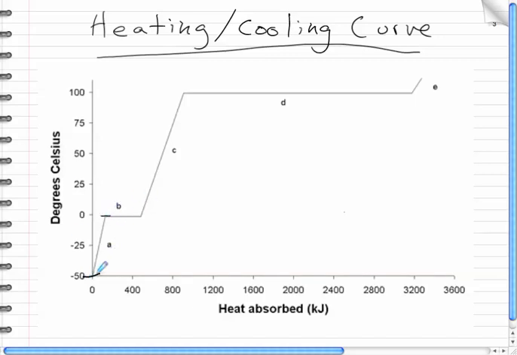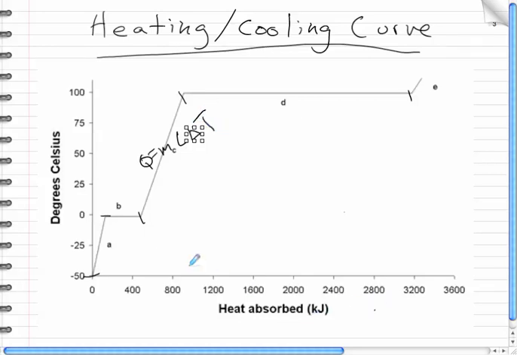From here to here, here to here, and here beyond, we add energy and we change the temperature. We're adding energy that increases the kinetic energy and increases the temperature of our substance. So in these spots, we're going by Q equals mc delta T. That's not different at this point.